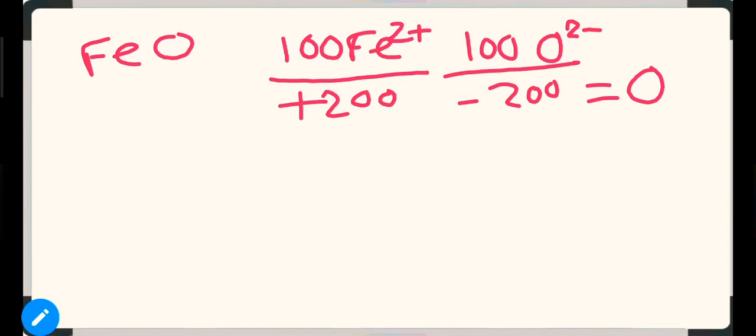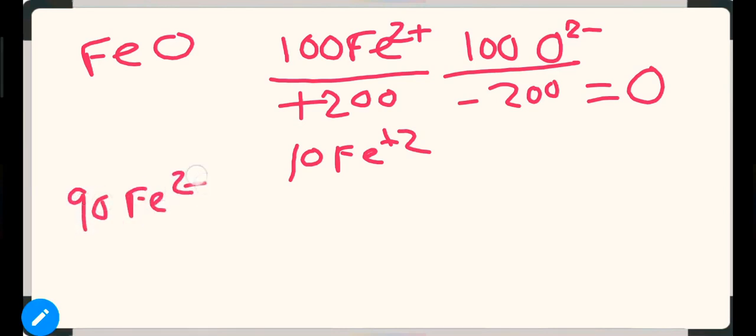Now let us assume some of the Fe2+ are removed, or some quantity of metal is removed from this crystal. Let us say 10 Fe2+ are removed. So now we have 90 Fe, and the total charge from 90 Fe2+ will be 180. But we have to balance minus 200 charge to maintain neutrality.